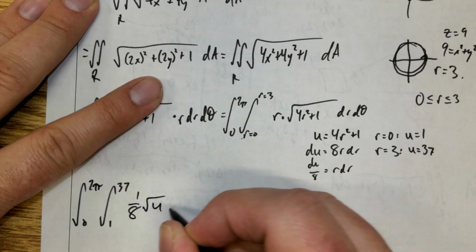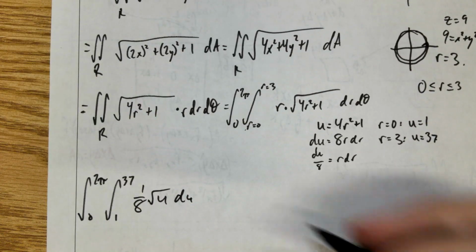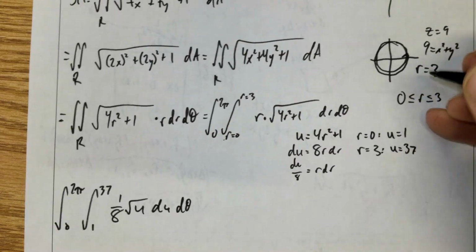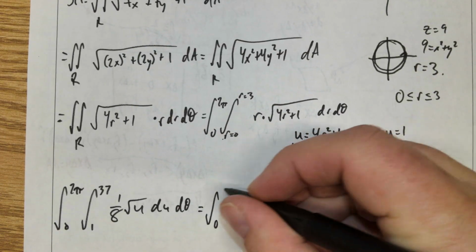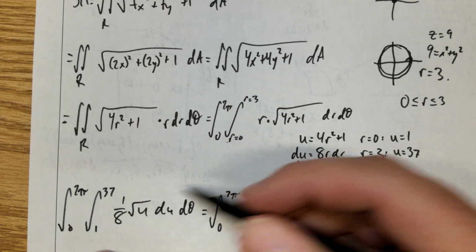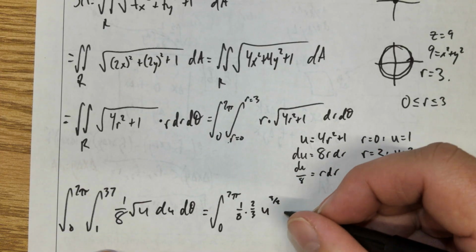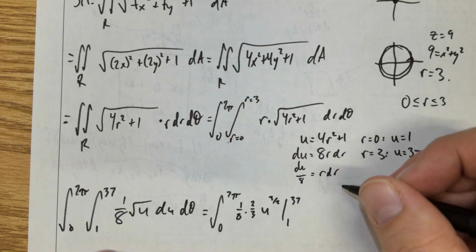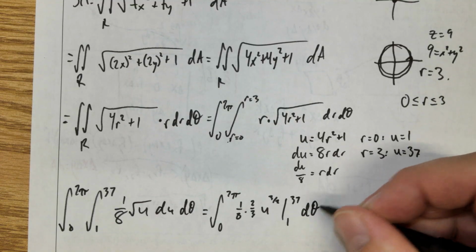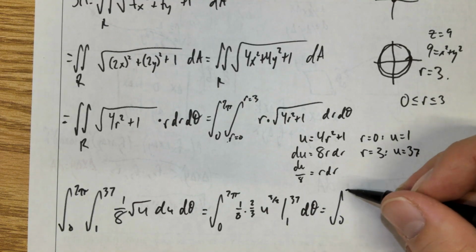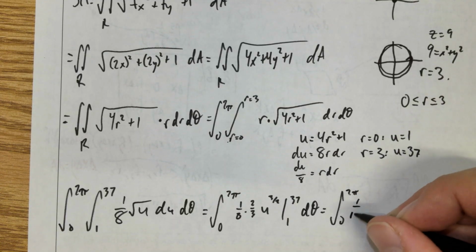One eighth square root u du d theta. Yep, that's it. And we're off. We already did this: 1/8, 2/3 u to the 3/2, evaluated 1 to 37 d theta. That's 1/12.